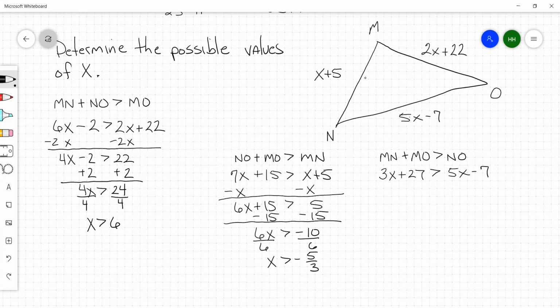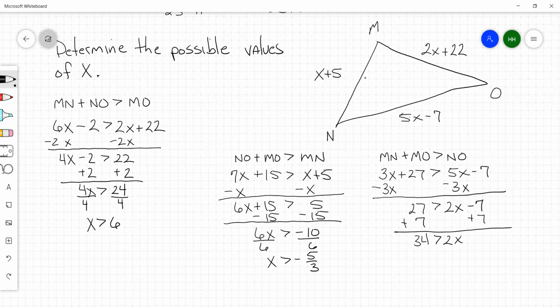And the third inequality, subtract 3x from each side. 27 is greater than 2x minus 7. Add 7 to each side. 34 is greater than 2x, and then divide by 2. So 17 is greater than x.